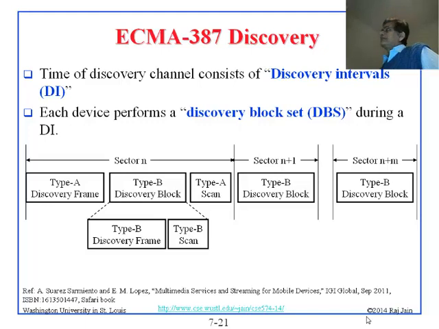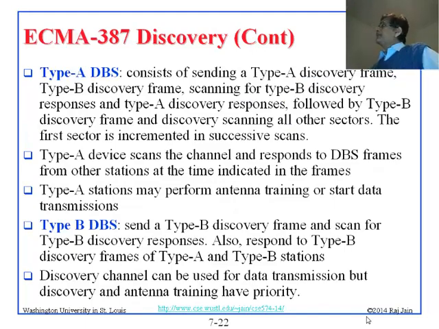Okay? The next time in sector 3. So type A will be heard in every sector, but only infrequently, whereas type B will be heard every single time. In successive scans, you rotate the first sector.